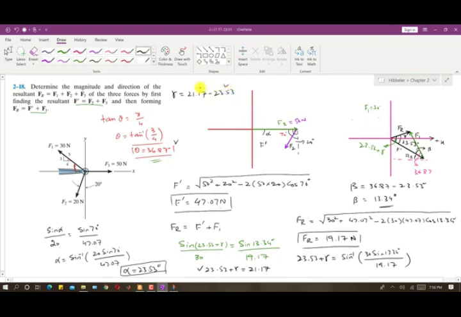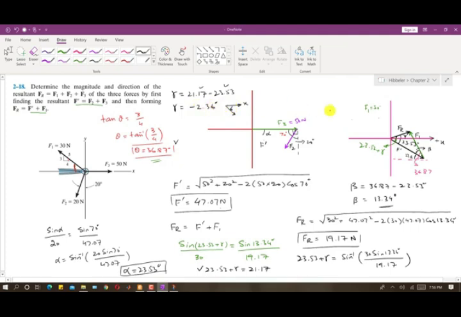So this means that this angle will be negative. 21.17 minus 23.53 gives us minus 2.36 degrees. This minus means that the angle is measured from the x-axis in the clockwise direction. So if this is the x-axis, the angle measured is like this, a clockwise angle, so it is minus.